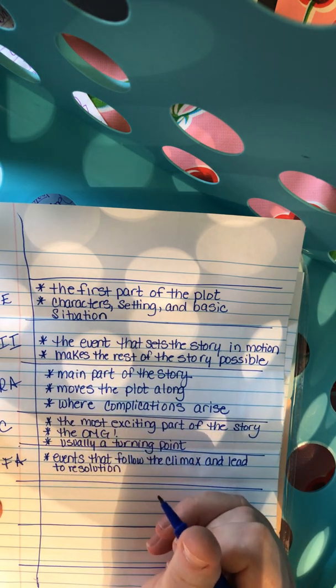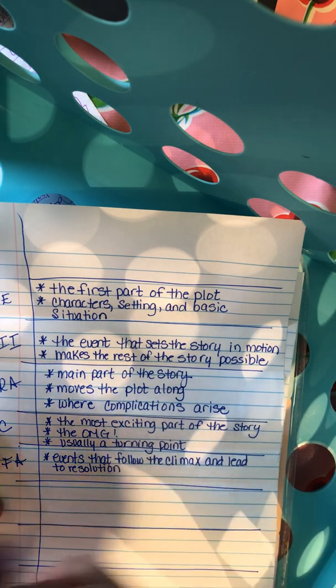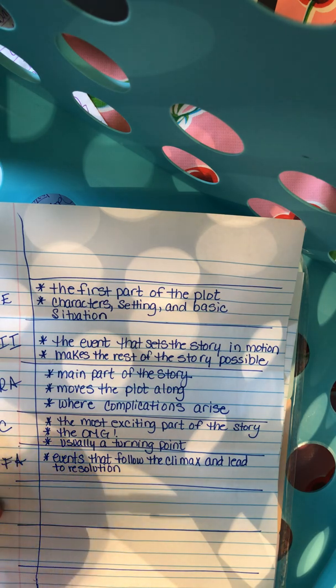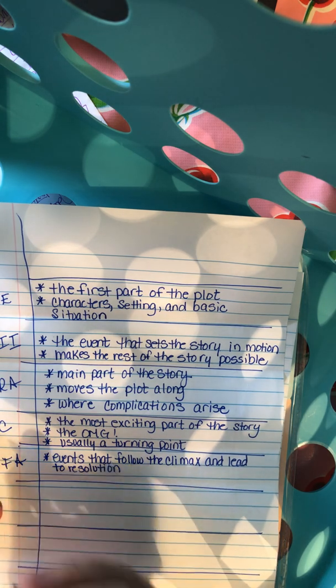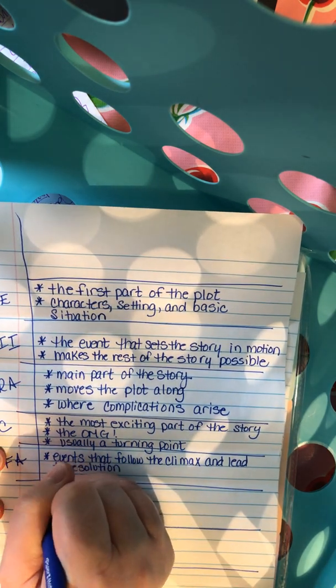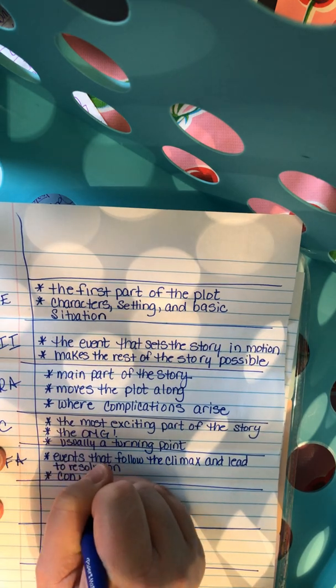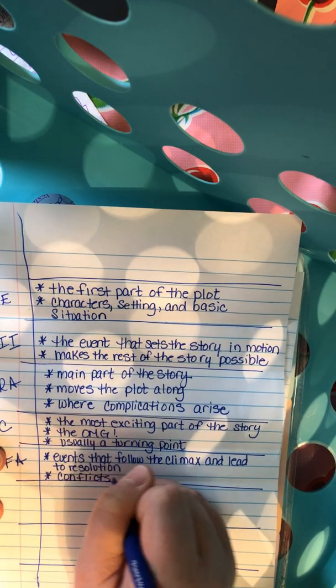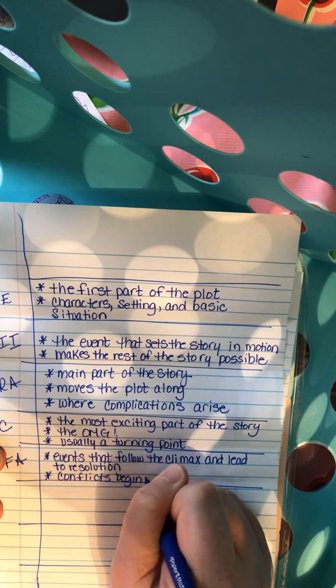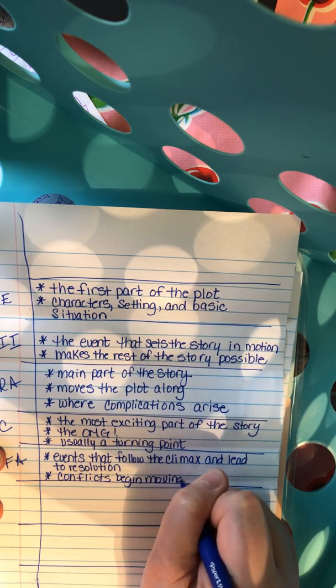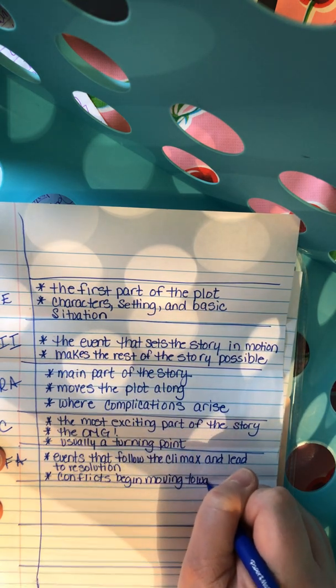Okay, and then the conflicts start getting solved. Like, you know how I said in the rising action that there was more than one problem coming up? Now all those little loose ends are going to tie up. So conflicts begin moving towards resolution.